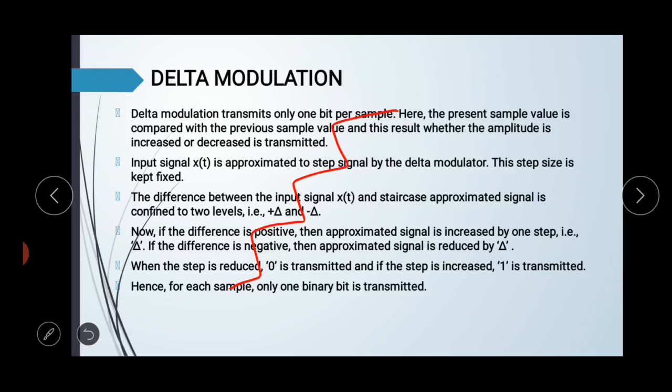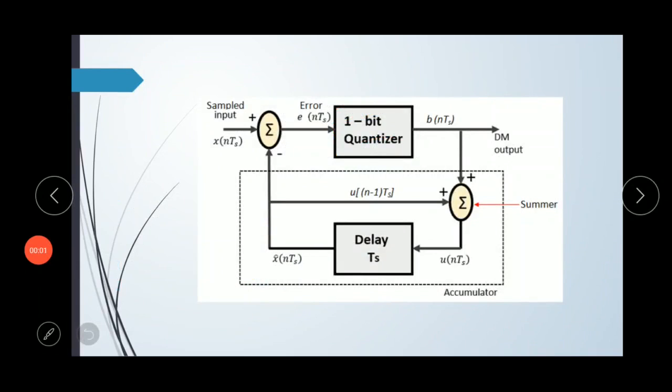So here, this is the block diagram. Always remember, in the starting of the block diagram, a sampler is always present. Why sampler is required? Sampler converts the continuous signal into a sampled signal.